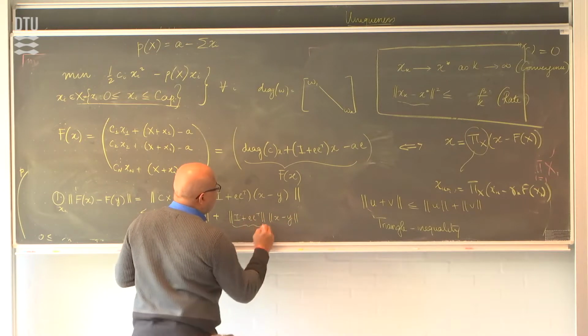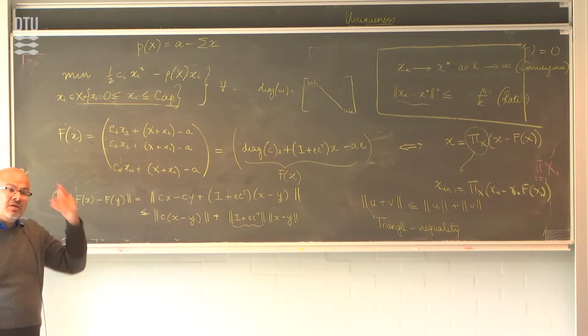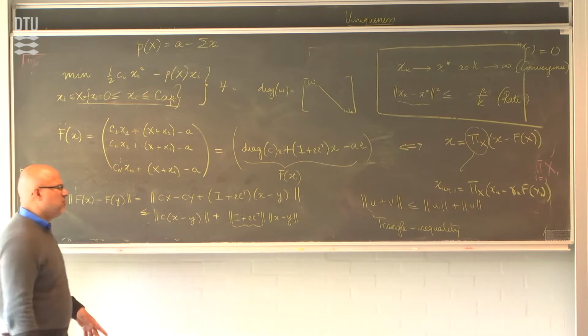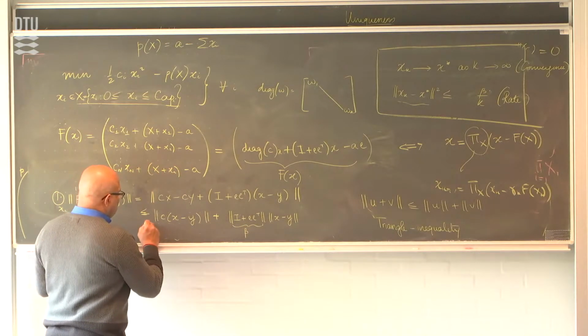Now this has some value. The norm of I plus E transpose, based on the number of agents, has some value. Let's call it some value greater than 1. It's called beta.